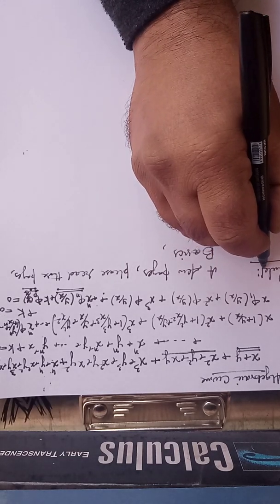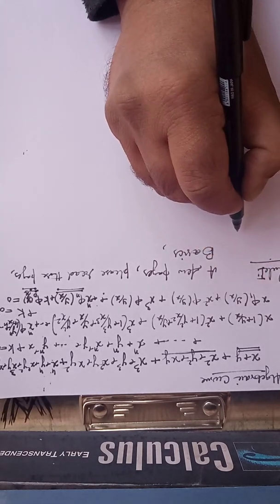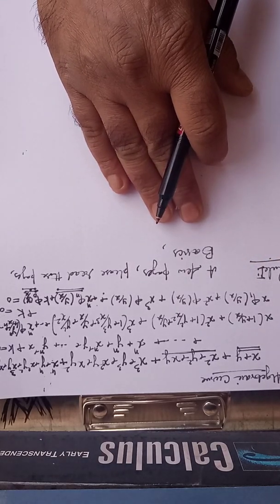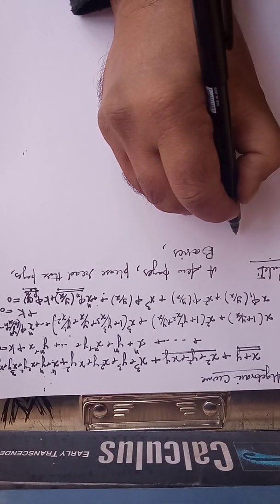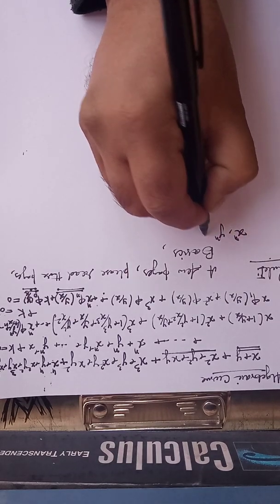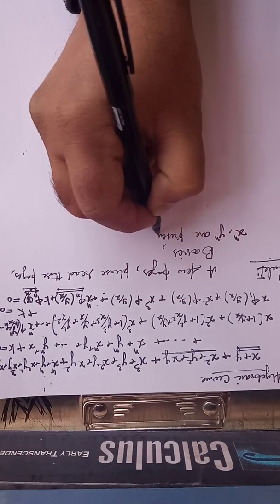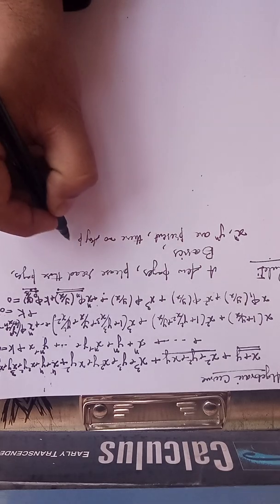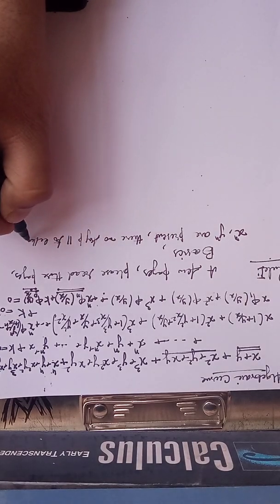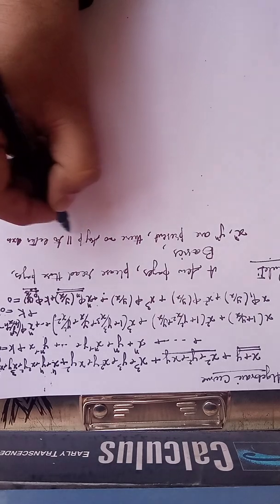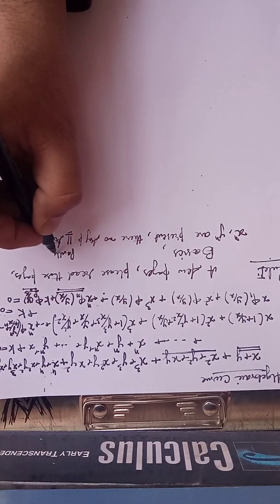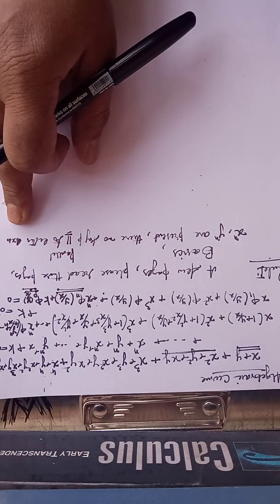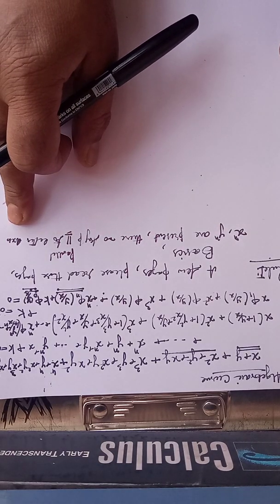Rule is that if you have an algebraic curve of degree n, and in that x raised to power n and y raised to power n are present, then there are no asymptotes parallel to either axis.